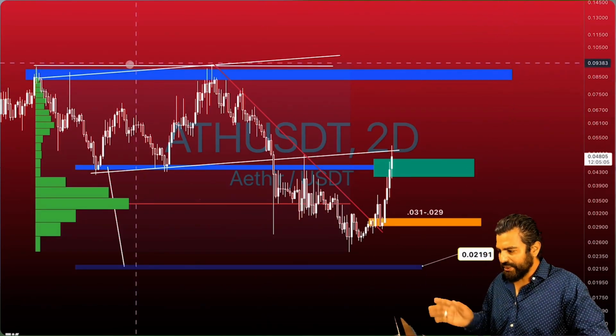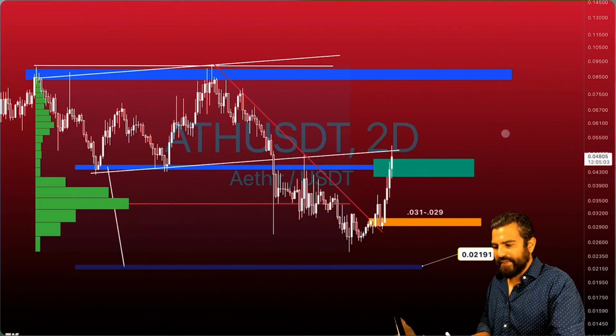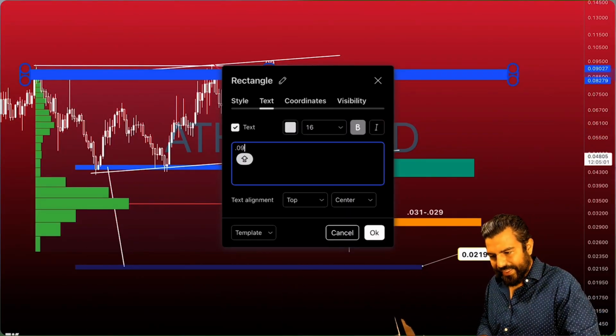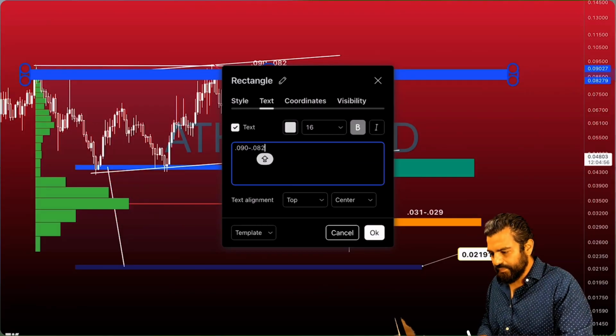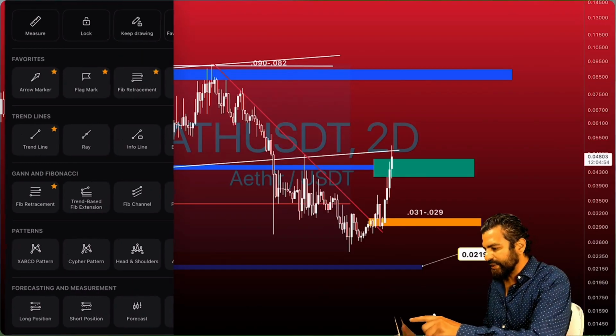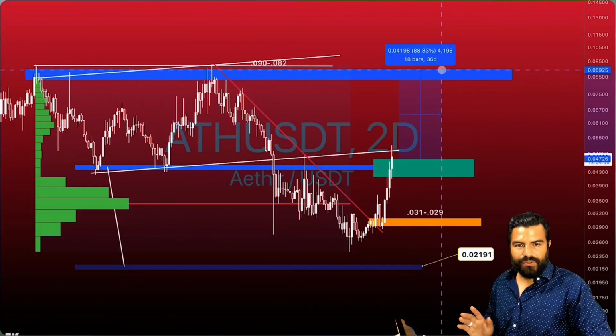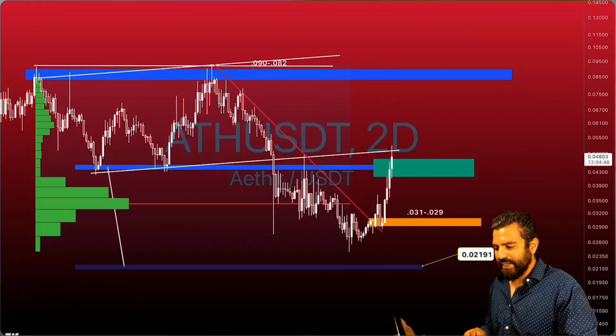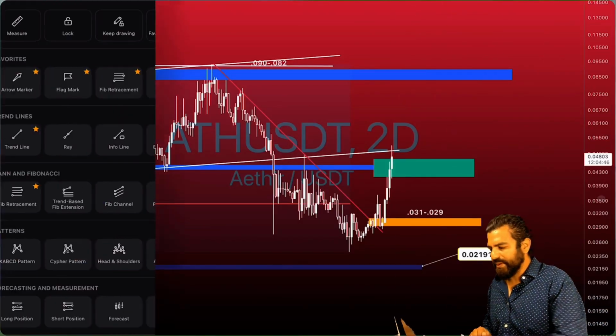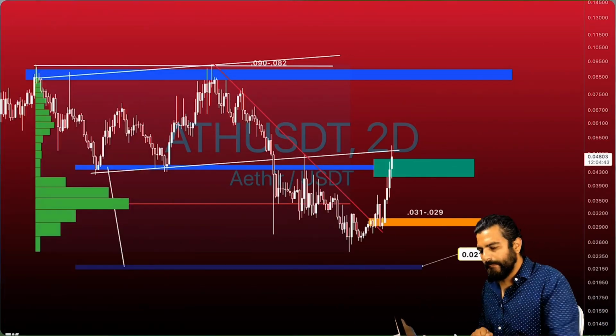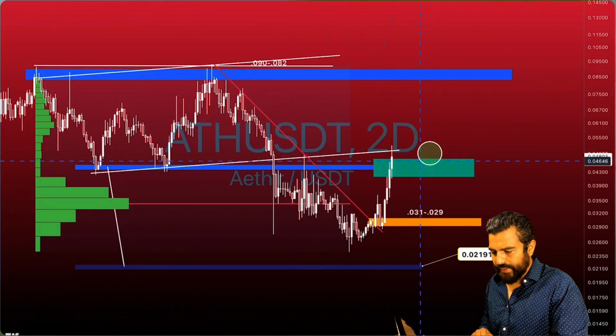I'm giving you that range. Okay, let's give you the price, 0.090 to 0.082. So there's some money on the table potentially. Current price to here is 72%. However, I want to make sure I get the close above here. So I'm going to put a marker on here.